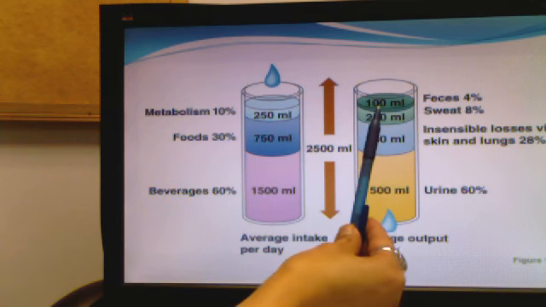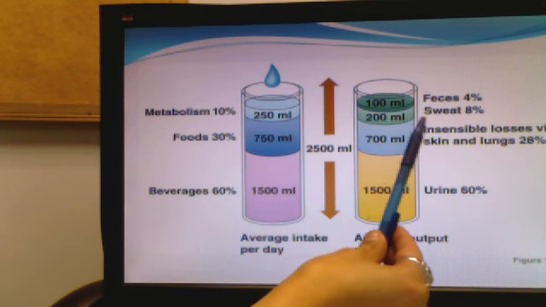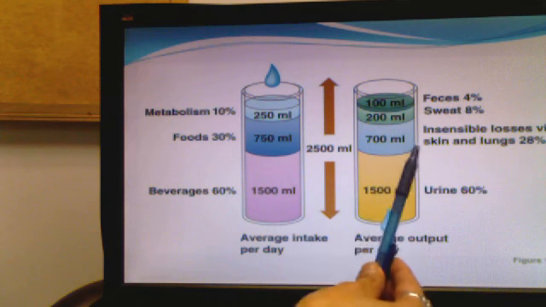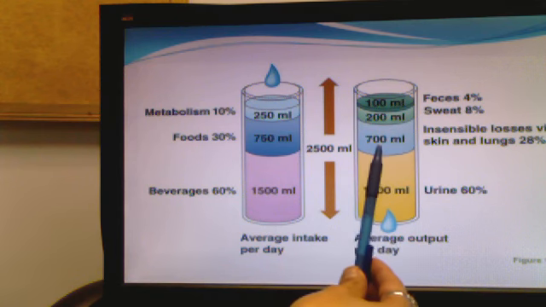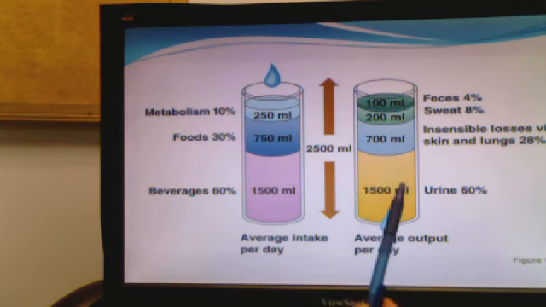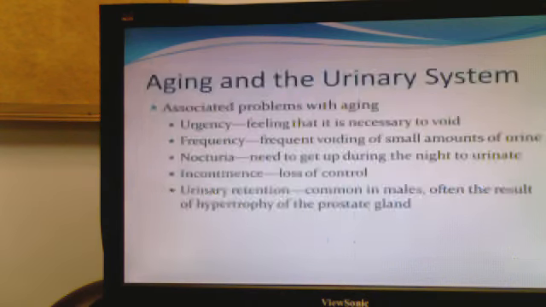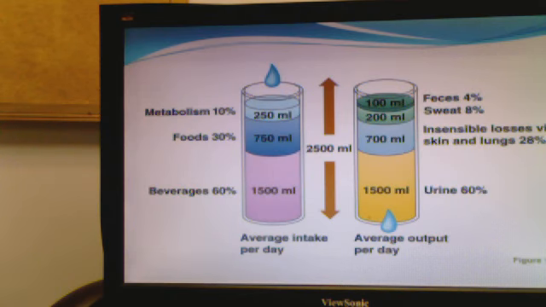In feces, 100 ml comes out. Sweating, 200 ml. Breathing, 700 ml. But mostly we remove water through urination. So how does the kidney maintain water balance? Well, basically, if we need to conserve water, the kidney will reabsorb water.